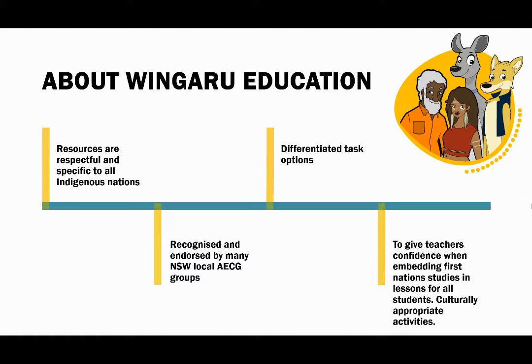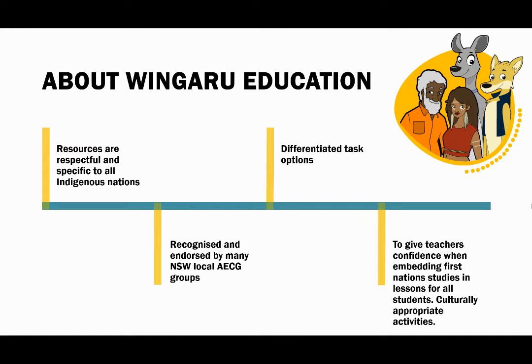The AECG, the New South Wales Aboriginal Education Council group, recognises this resource, which is wonderful. And there are many differentiated task options in Wingaru, which means that you can set one topic for your class, but still differentiate the activities for each student, depending on their level of ability.